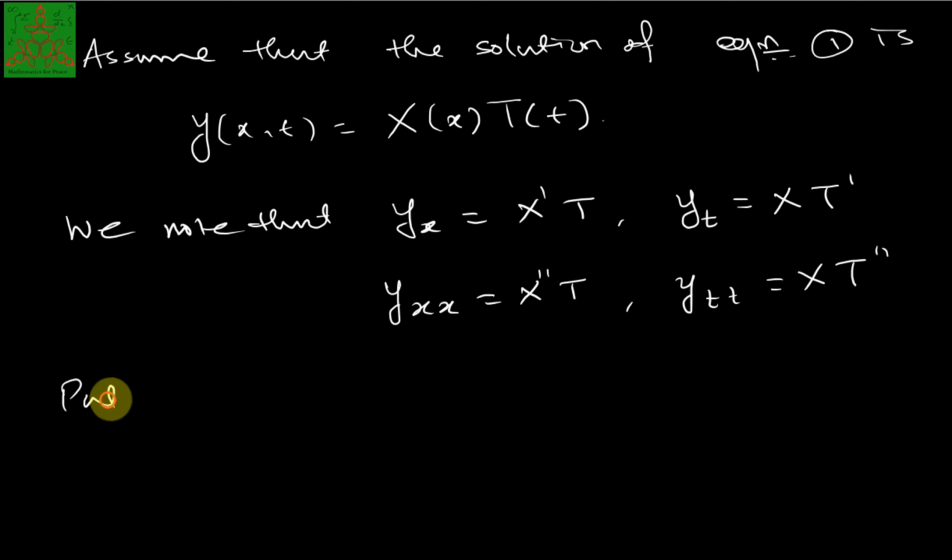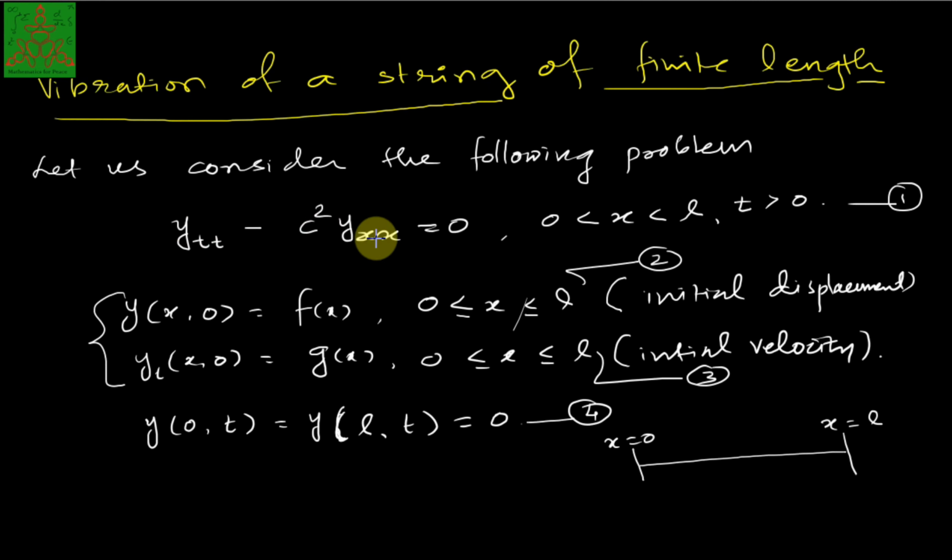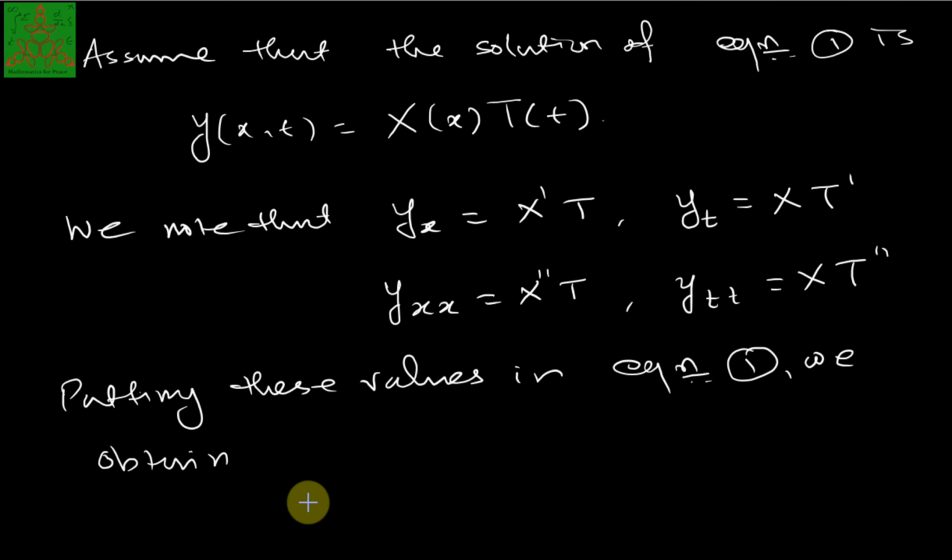Putting this value in equation 1, which is ytt minus c square yxx equal to 0, we obtain X into T double dash minus c square X double dash T equal to 0.